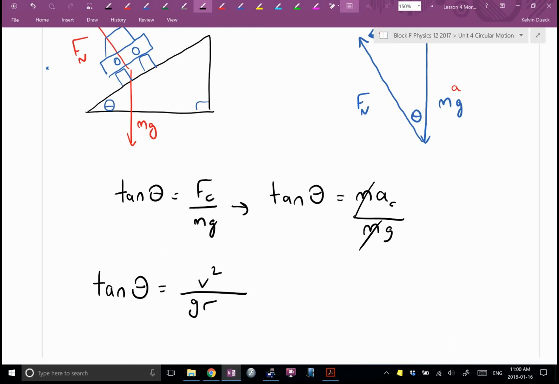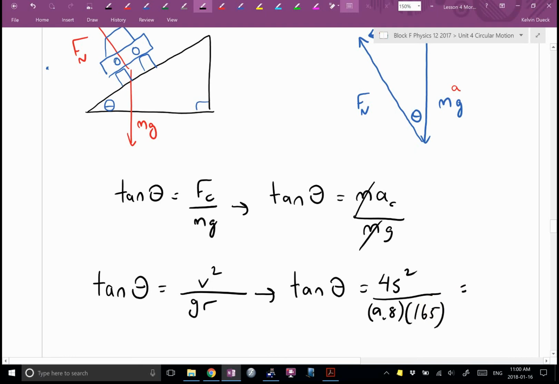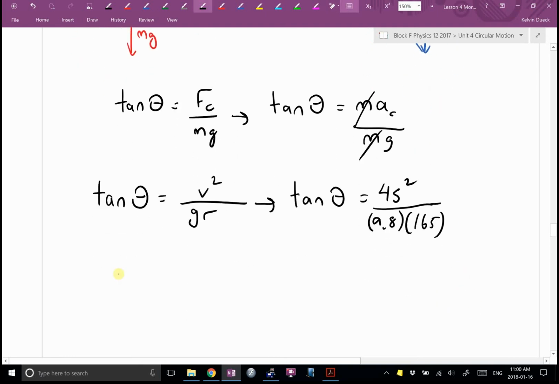Okay. I've scrolled down. Can you give me the numbers? What was V? Very fast. That's about 140 kilometers. Yeah, it's a racetrack, 140 or so kilometers per hour. G, 9.8. What did I say R was? Oh, sorry, I can't say tan theta equals because it's not tan theta. Theta equals... What do we need to bank this track at?